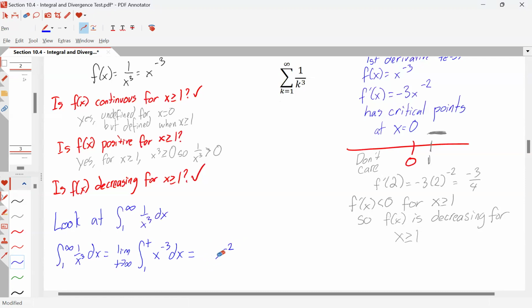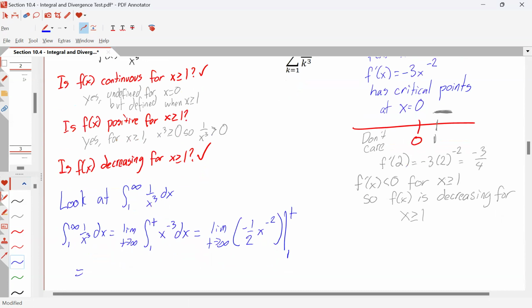And we still need the limit, going from 1 to t. So plugging in our values, we have the limit as t goes to infinity of negative 1/2 t to the negative 2 minus negative 1/2 times 1 to the negative 2.